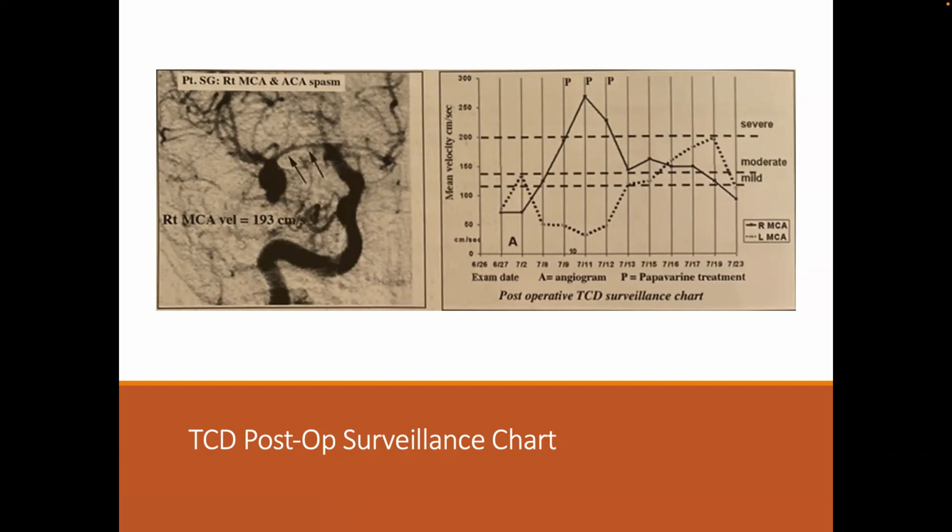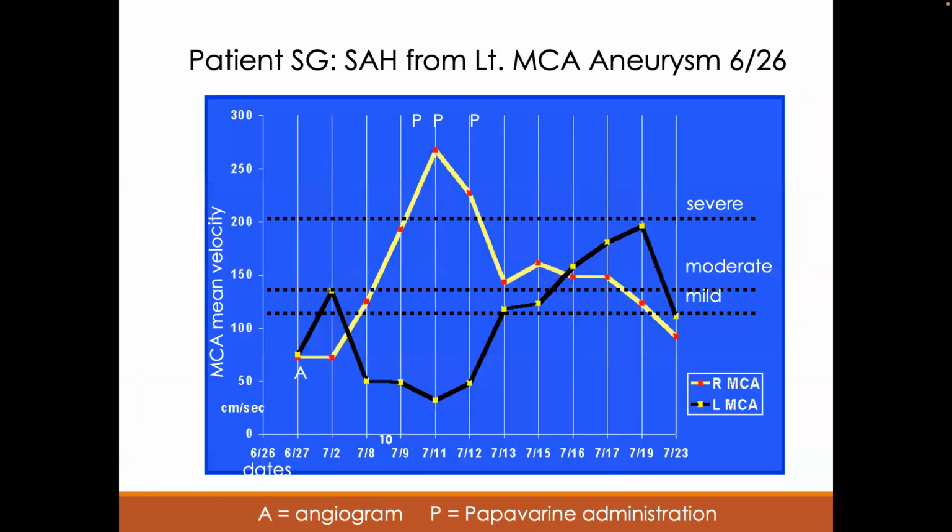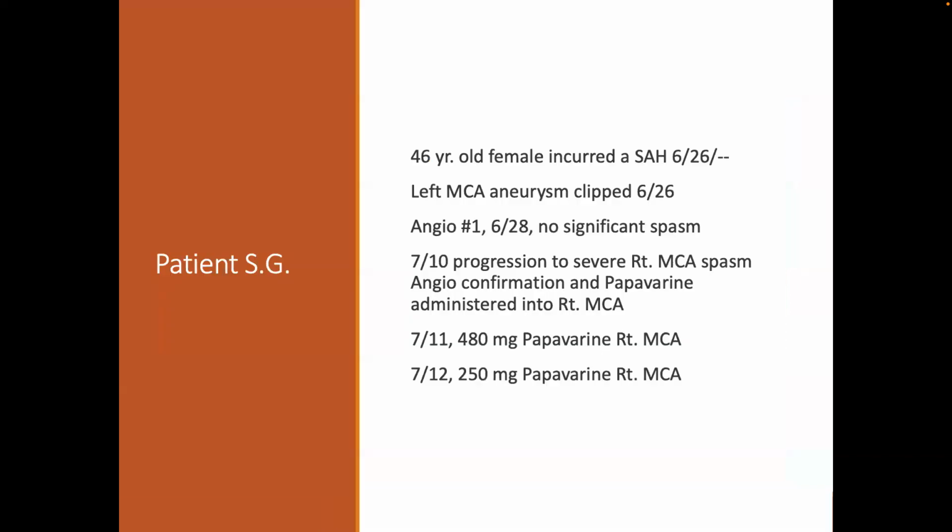She had, okay, so she had spasms on both sides, but the right was more severe than the left. And they clipped the left MCA, but she also experienced a spasm on the right. Now, why it happened on both sides, I don't know. I don't know what triggered that.